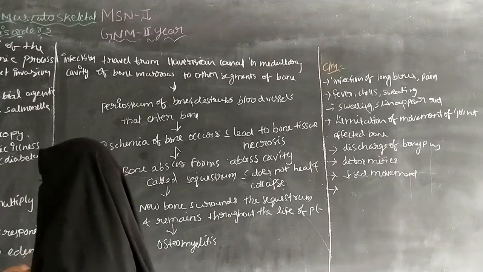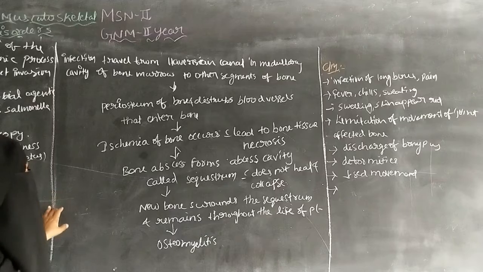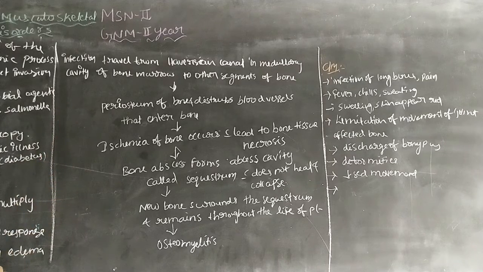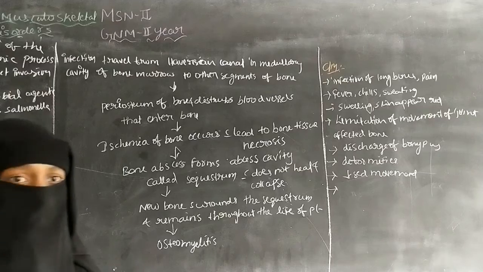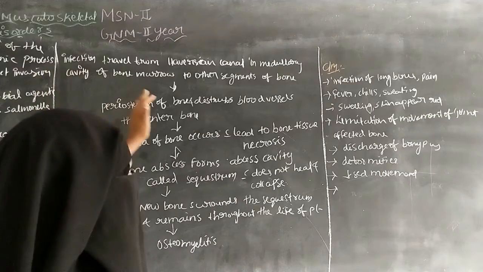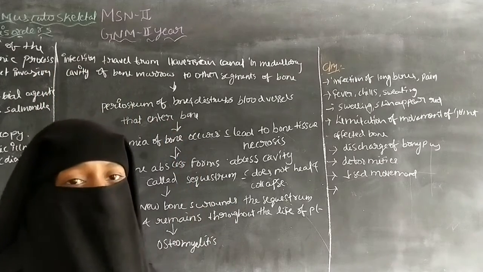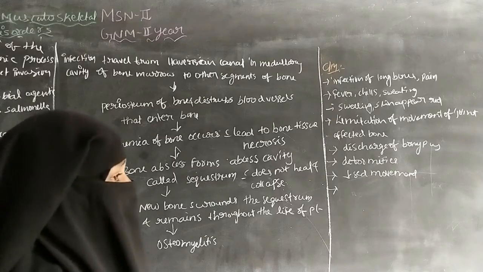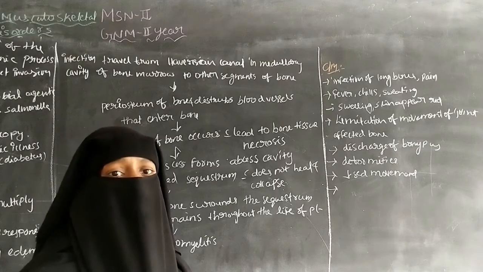After the edema, there is inflammation, and it leads to the infection traveling from the Haversian canal in the medullary cavity of the bone marrow. The Haversian canal is present in the medullary cavity of the bone.